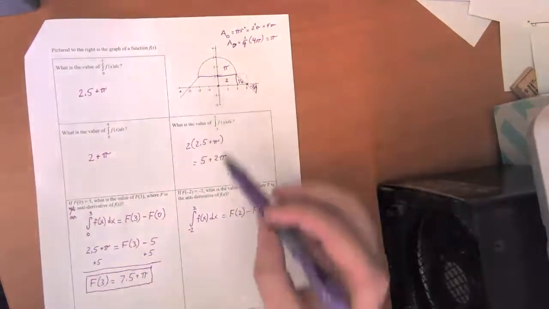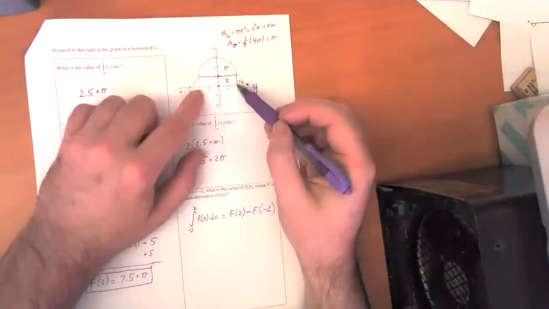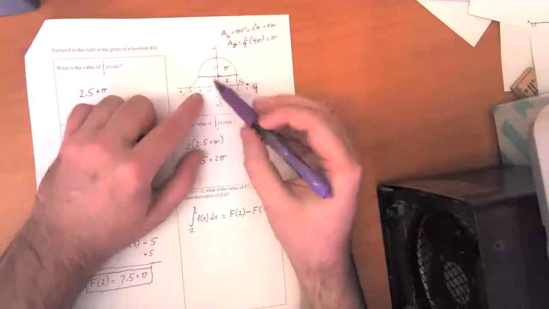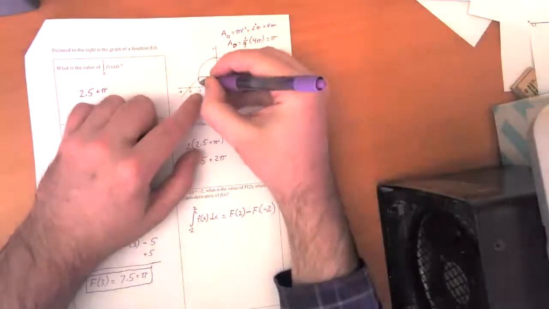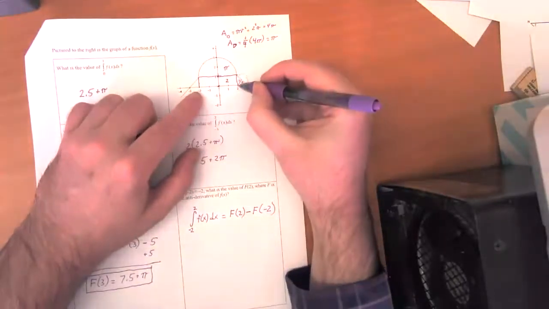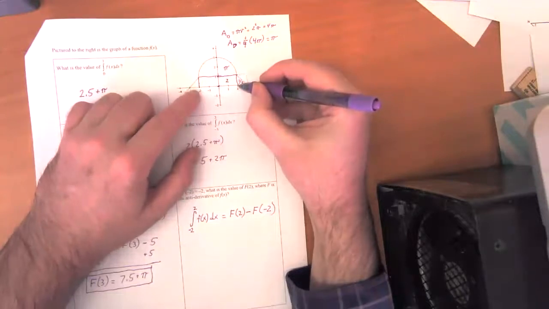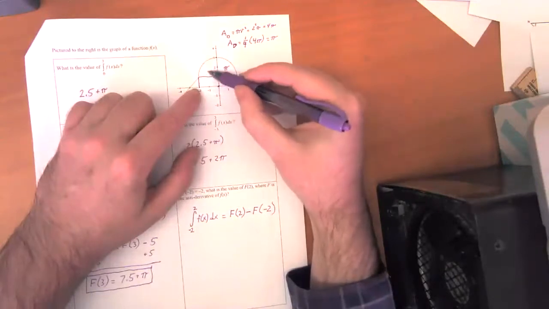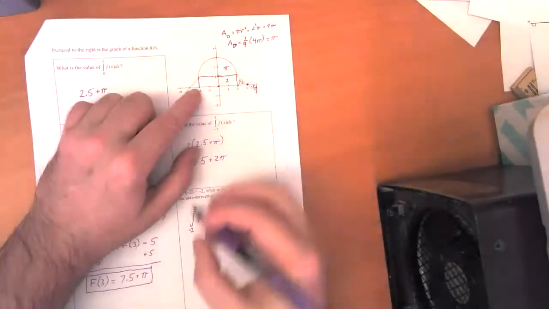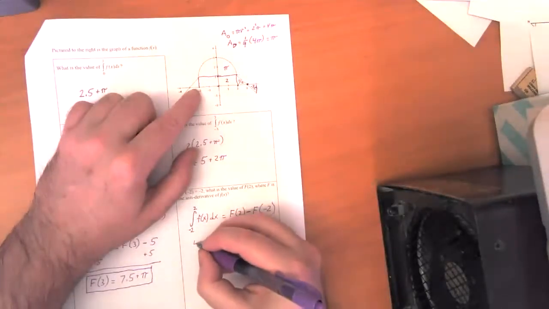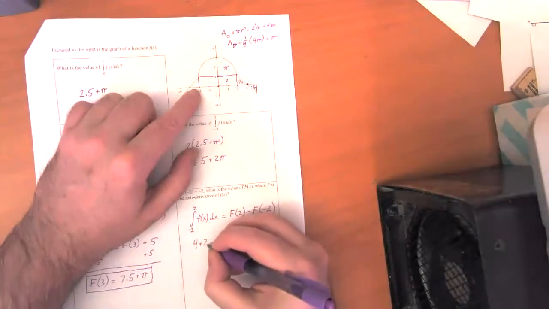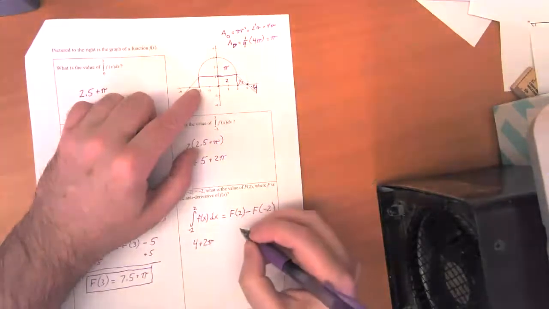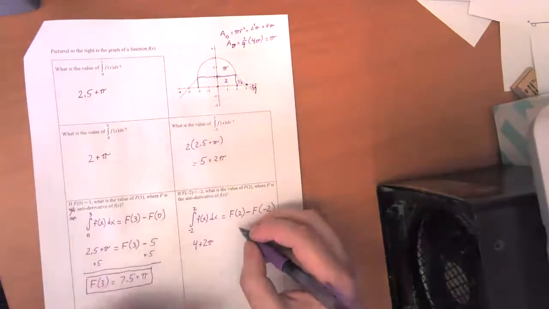Well, all I know about f is really quite a lot, is this function here. So the definite integral from -2 to +2 is the area between the curve and the x-axis from -2 to +2. And so this is pi and 2, and over here is another pi and another 2, because this is an even function. So that area, and therefore that definite integral, is equal to 4 plus 2 pi.